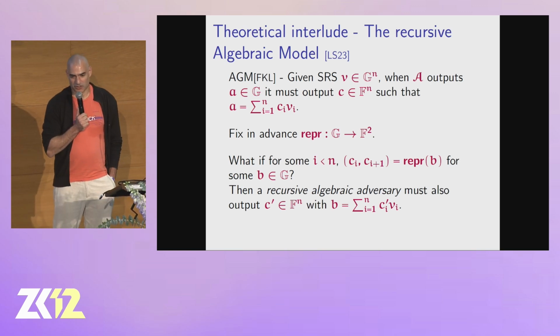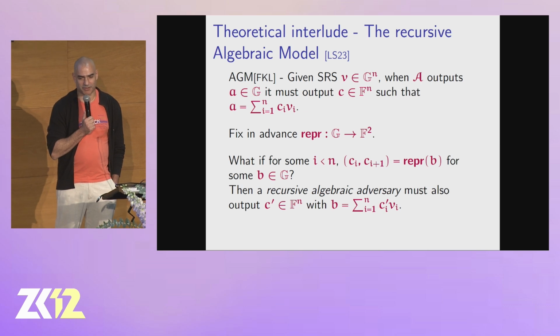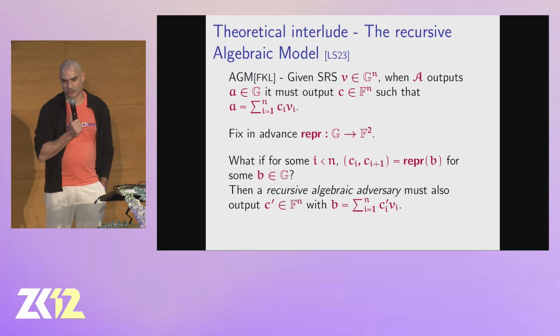So the recursive algebraic adversary now must also output C prime such that B is some sum of C prime_i V_i. And then you ask, well, what if in C prime there are some two indices that are a valid representation, does he have to do it again? Yes, that's why there's recursive in the name.